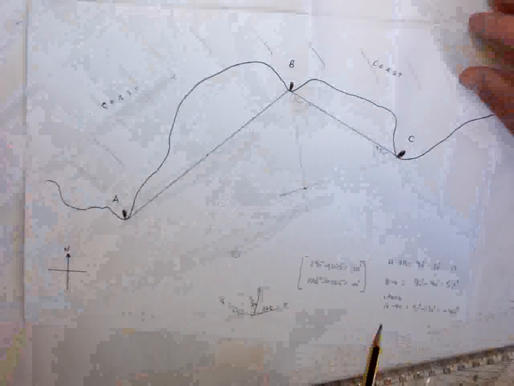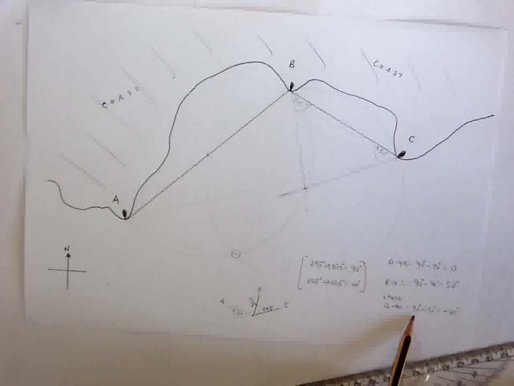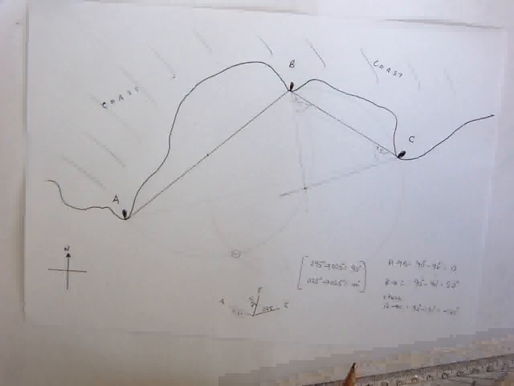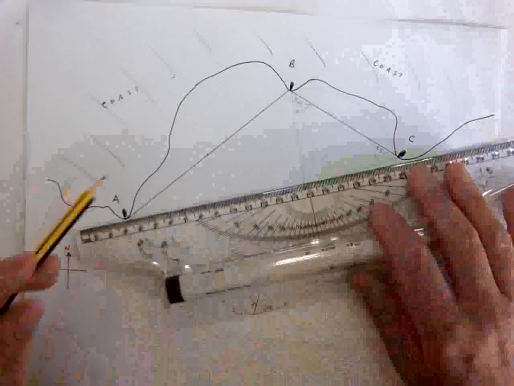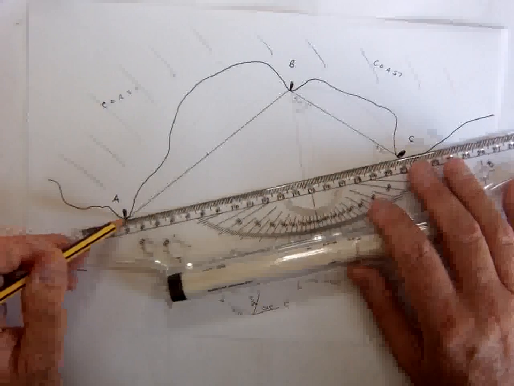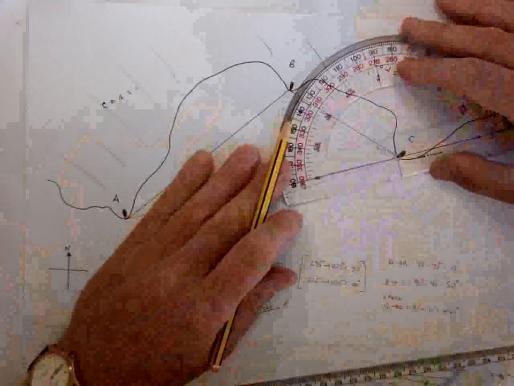So between A and C, if we subtract 130 degrees from 90, we get minus 40 degrees. Because it's a minus value, we plot that away from the vessel. So let's join A and C. And once we've joined A and C, we need to plot 40 degrees.